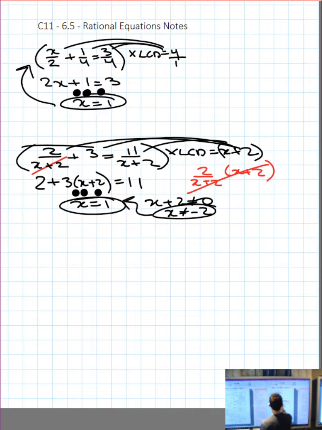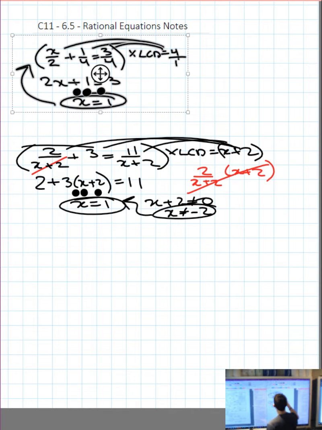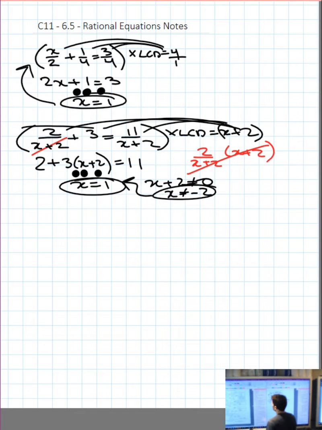Okay, shrink all this stuff up a bit. Okay, so let's take a look at another example. So let's do 2 over x plus 2 equals 4 over x minus 3. So we could times those sides with the LCD, which is x plus 2, x minus 3. But we'd rather just cross multiply.